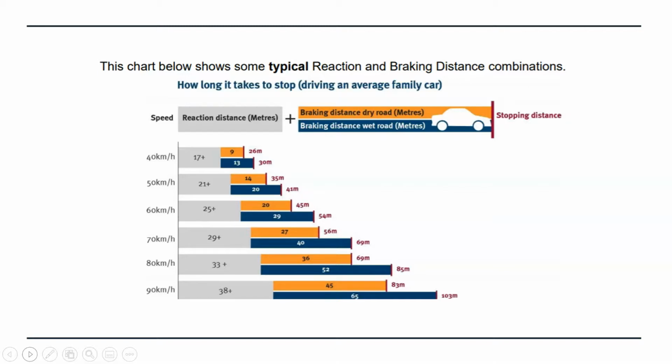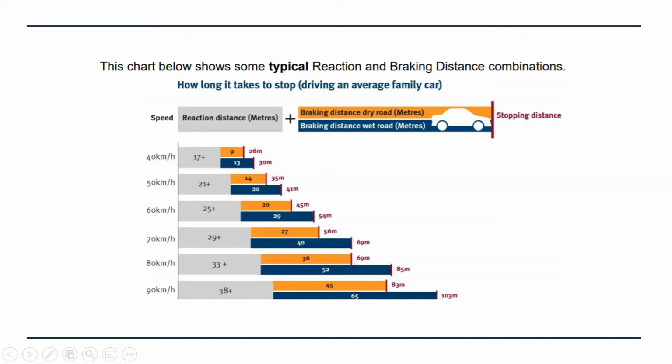So if you're driving at 40 kilometers an hour, if we have a look up here, you can see that we've got our reaction distance. Okay, so we're saying there we've got 17 meters of reaction distance at 40 kilometers an hour. And then depending on the conditions, the orange is on a dry road.